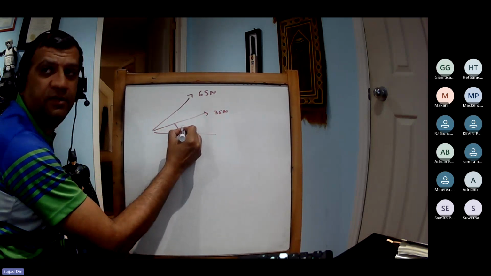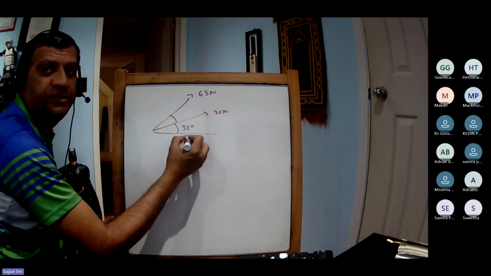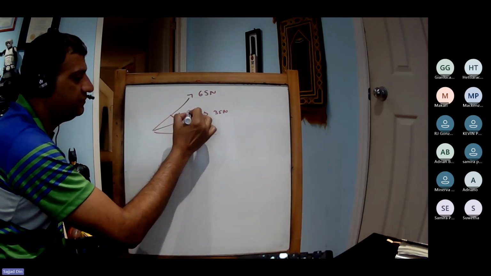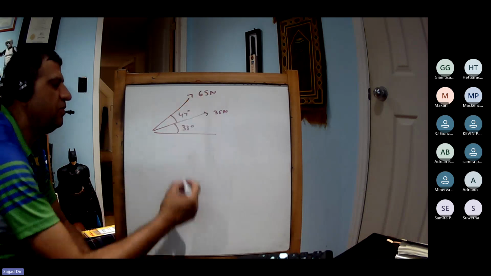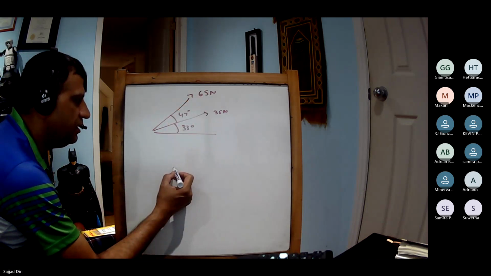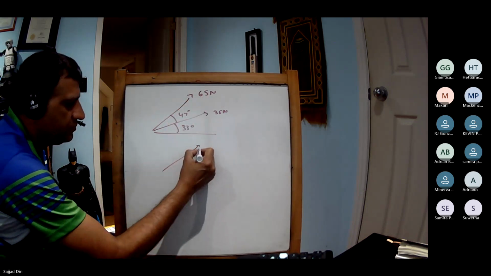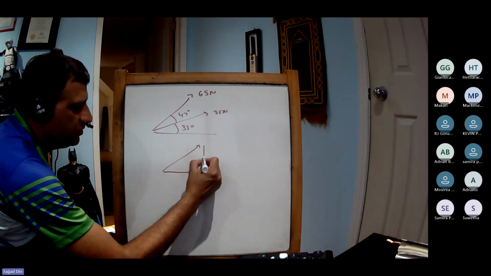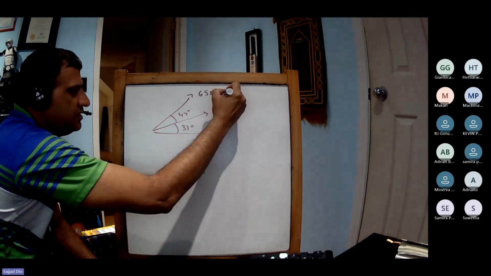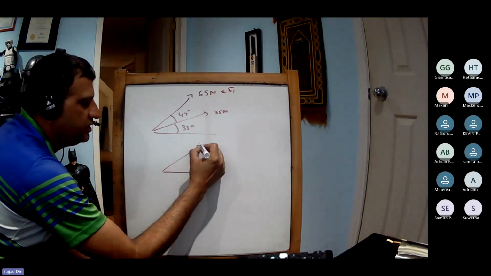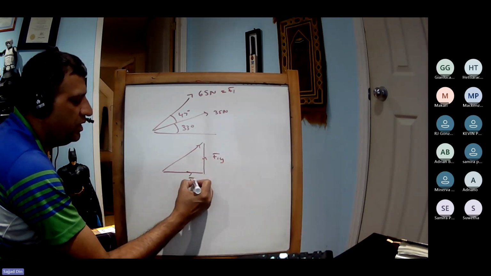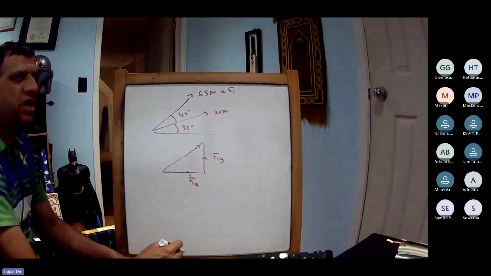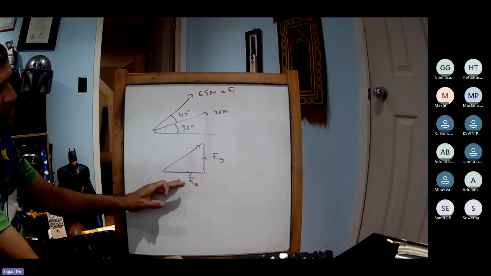This is 33 degrees. This is 47 degrees. So which angle are you going to use for the components of 65? Let's say this is F1, you try to determine F1y and F1x.